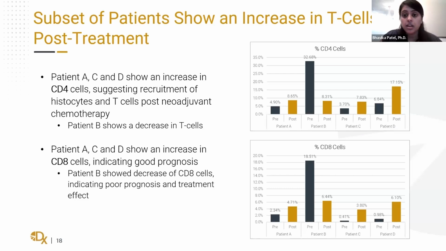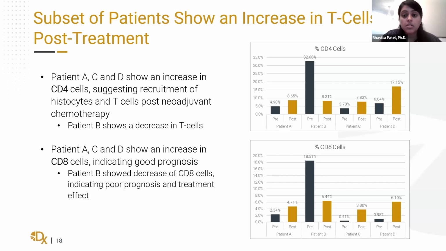CD4 positive cells are known to help the immune response against infection and disease. In our study, we see that CD4 increases in patients A, C, and D, which suggests that there may be a recruitment of histiocytes and T cells post-neoadjuvant chemotherapy.